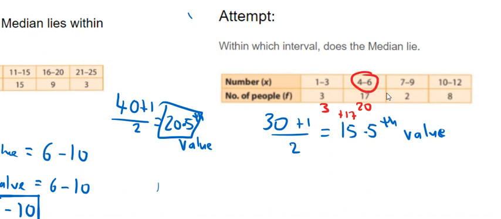Because up to the 20th value is between 4 and 6 from the third value, both the 15th and the 16th have to be between 4 and 6. So 4 to 6 would be my interval where the median would lie.